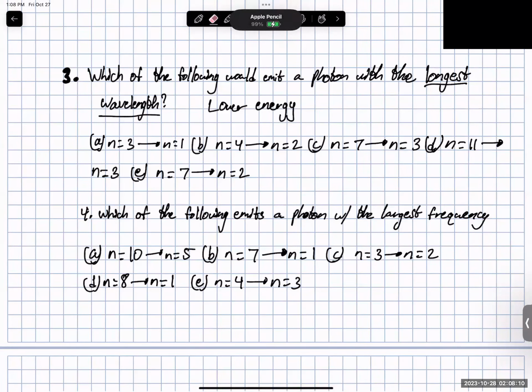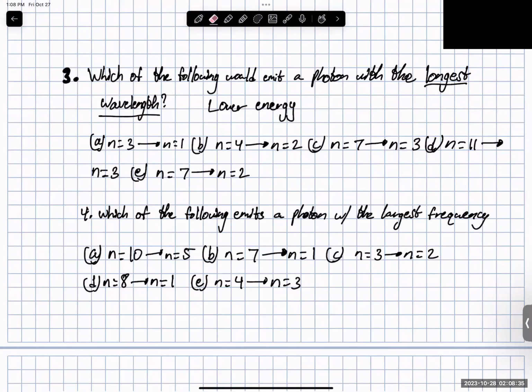Yeah, so we're going from 11 to 3. And we know that the final value is all we care about, so that's a Paschen series transition. And everything else is either gonna be higher in energy, like A, or lower energy.